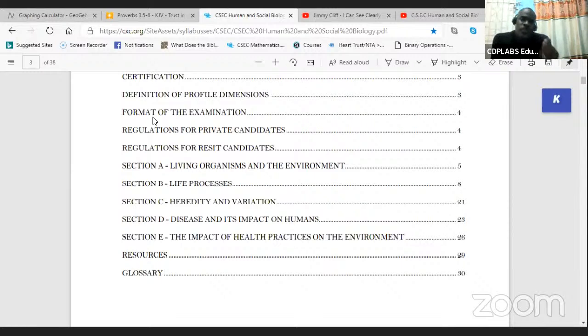As you go through this course, you must understand this is our introductory session to human and social biology. What you read in a textbook is the scientist's or the author's perception of what he or she observed in nature.